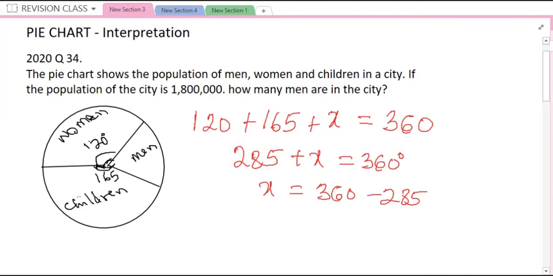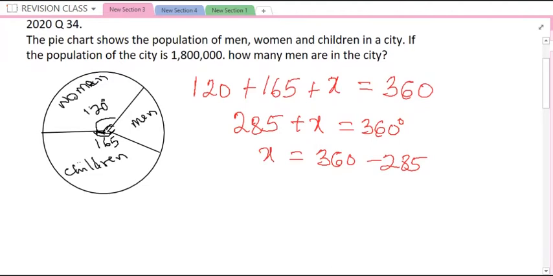And that will give us 75. So meaning our X is 75 degrees. But that's not what the question asks.